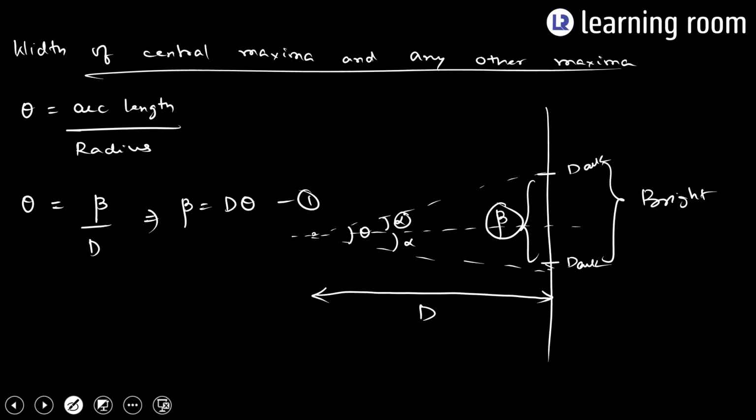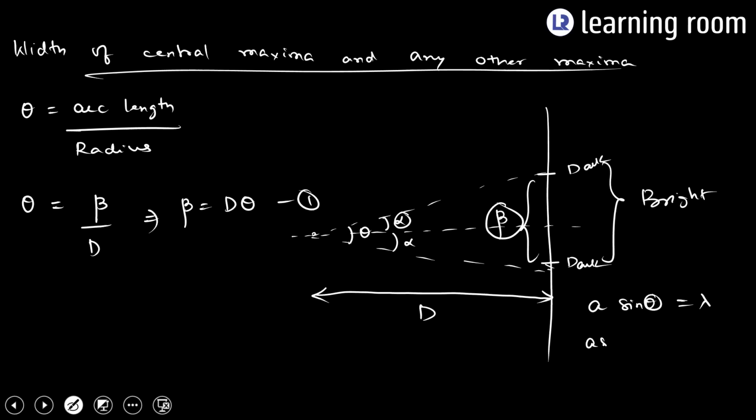So which dark spot is this? Since we are calculating the width of the central maxima, above and below the central maxima, you will have the first dark spot. So what is the condition for first minimum? It says A sin theta is equal to lambda. But in this case, theta is basically the angle made by the ray with the horizontal, so I will replace theta with alpha.